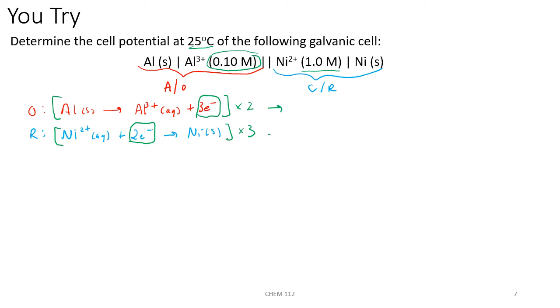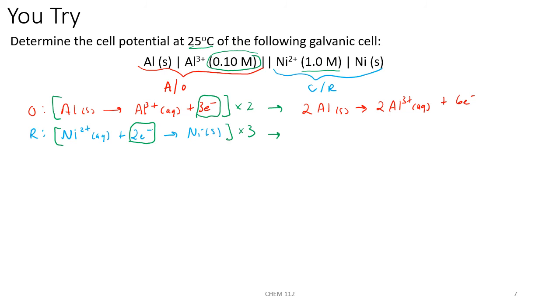And so I'll rewrite these so we can see our balanced oxidation half reaction would become 2Al solid going to 2 aluminum 3+ ions, those are aqueous, plus 6 electrons.